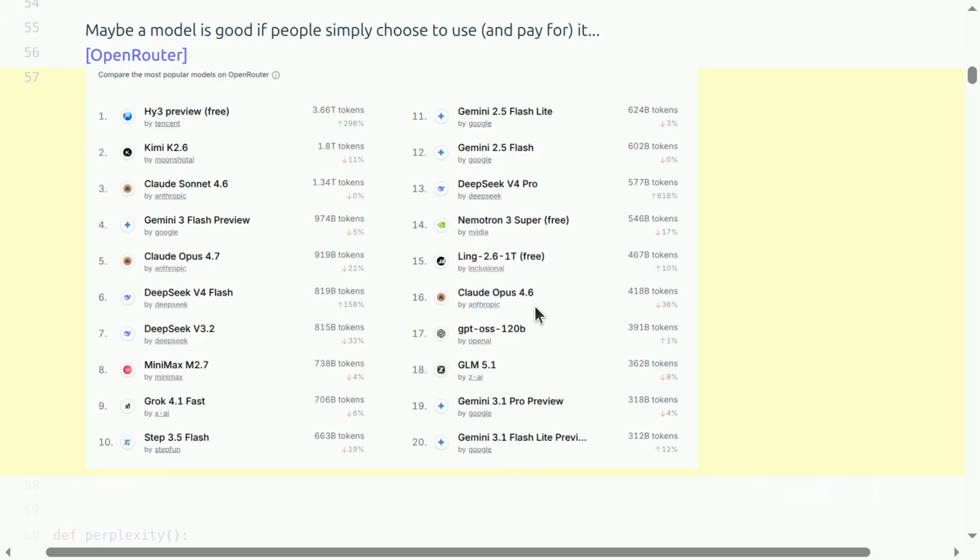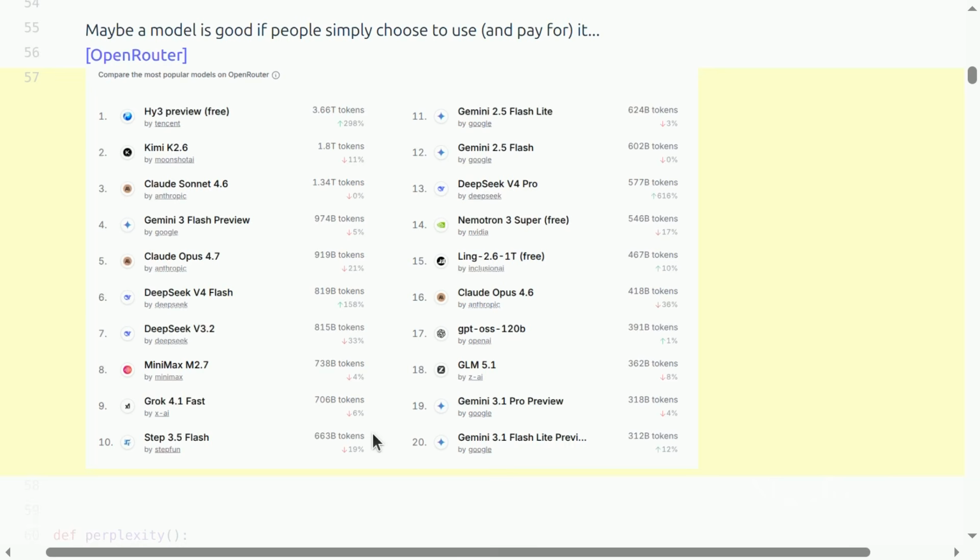As a result, they collect a lot of statistics of what models people are using, and they publish statistics, which is really interesting to look at, on the top models that are used through OpenRouter. Now this is not representative of all model usage, but it gives you a sense of what people on OpenRouter are doing. So this is more of an economic lens. I don't know what good is, but if people are paying for it, it must be good.